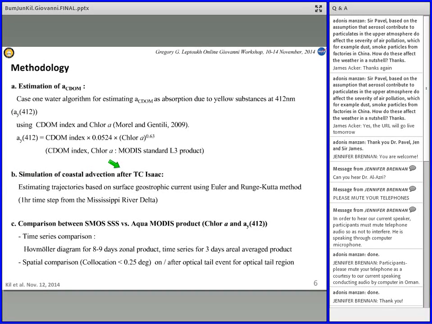We used the Eulerian and Lagrangian methods to estimate the trajectory based on surface geostrophic current derived from satellite altimetry. We compared the SMOS and the MODIS products by time series and spatial collocation for the optical tail region.